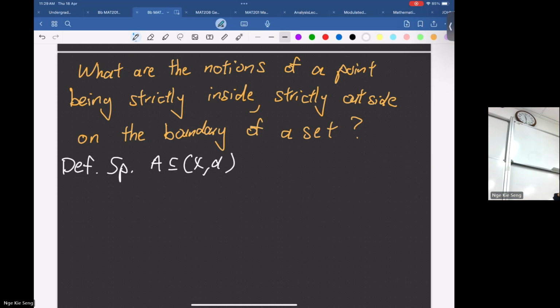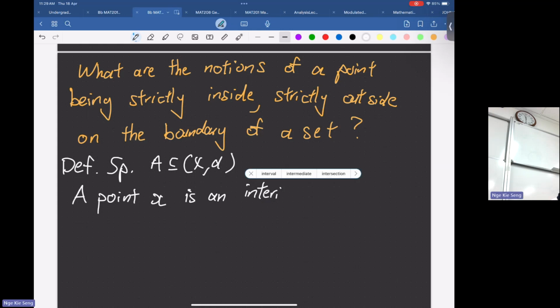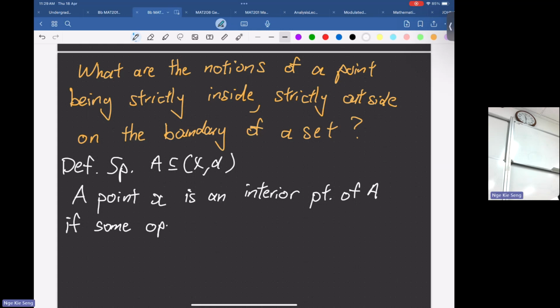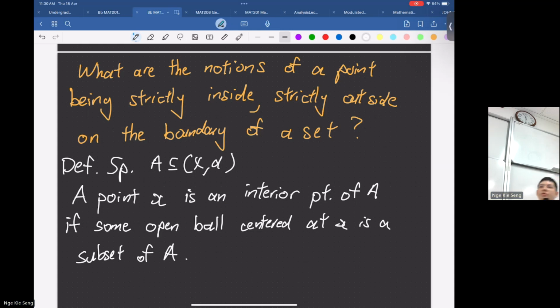A point x is an interior point of A if some open ball centered at x is a subset of A. How can you say that you are inside this classroom?